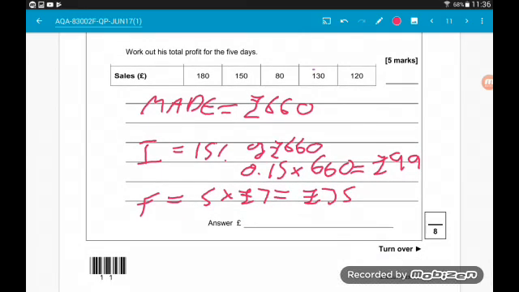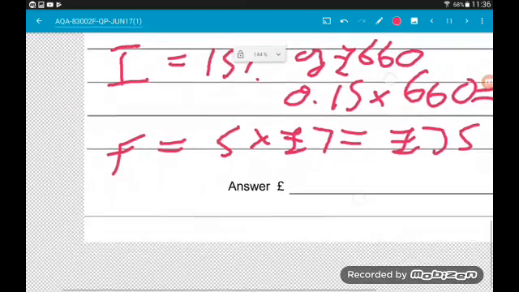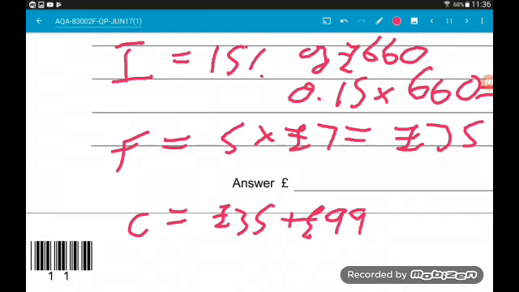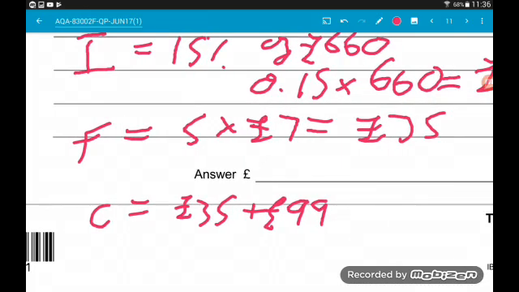So we can work out his total costs are going to be £35 plus £99, which is going to give us £134.